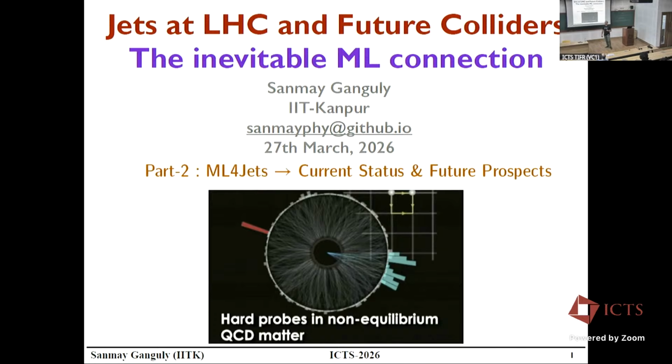Since there were a few slides left out from yesterday, I will first cover those, which are like diving slowly into the machine learning world, given jets as the background data structure we have in mind. Then we will go through some major applications of machine learning in the jet physics context.